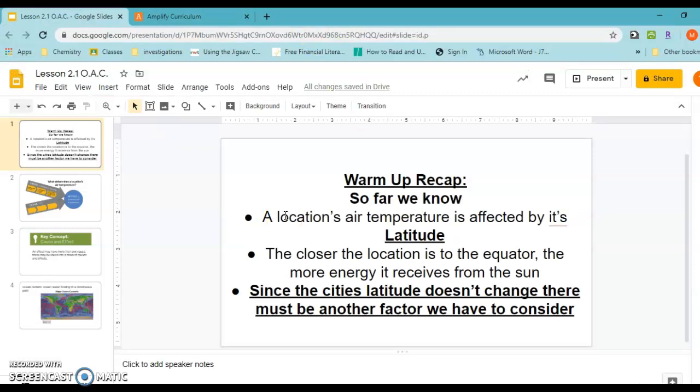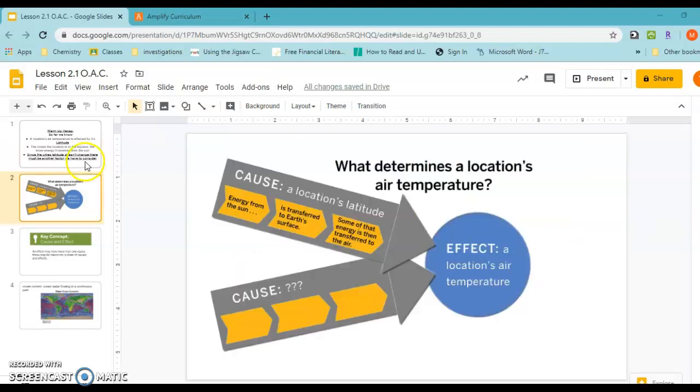So far we know that a location's air temperature is affected by its latitude. And we know that latitude is the distance from the equator, right? And we know that the closer this distance is to the equator, the more energy it receives.